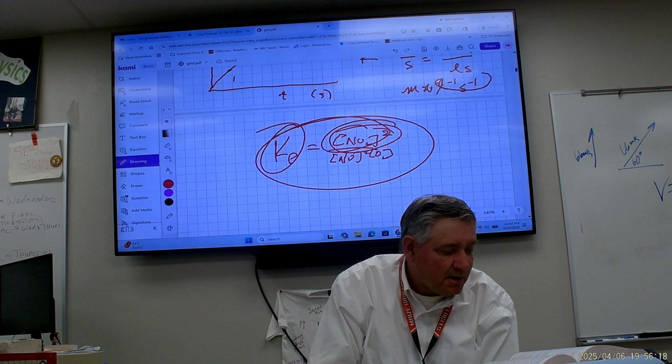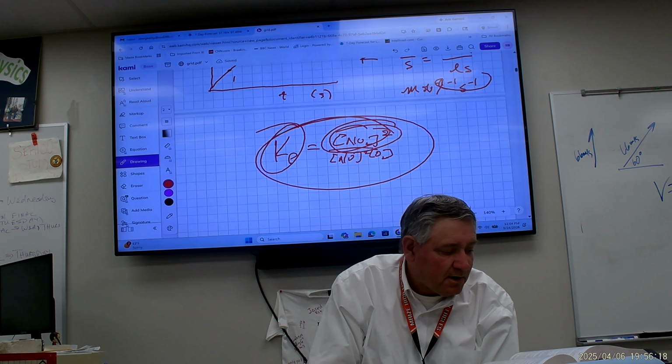One of the things you have to figure out is your value of delta N. You don't have to have that, but I want to make sure everybody's cool with how you get delta N. Delta N is the moles of gas, not liquids, not solids, only gases. This has 1 mole of a gaseous product and a total of 2 moles of gaseous reactant. So if I take 1 minus 2, delta N in this problem would be -1. You don't need that, I just want to make sure everybody's cool with how you get it.